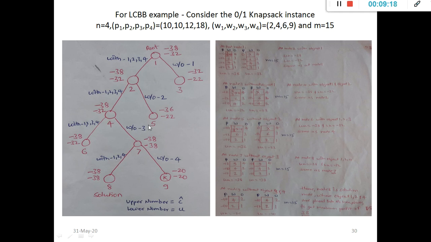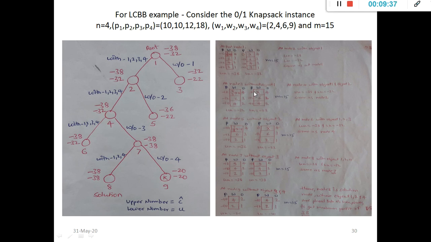This is the simple trick you have to use to expand this state space tree from the root node. Then, as you know, when you include object 1 into the knapsack, you will get the same values as minus 38 and minus 32 at node 2.